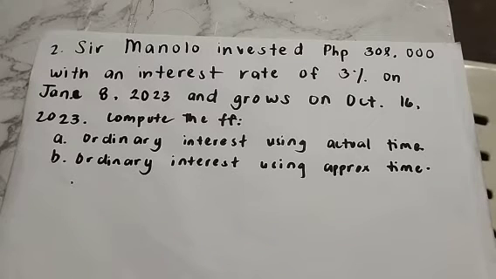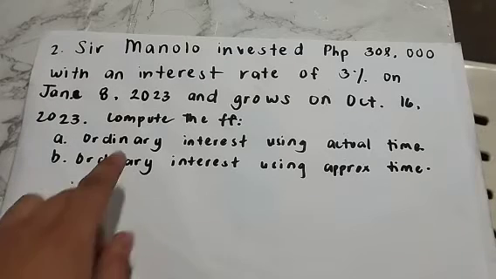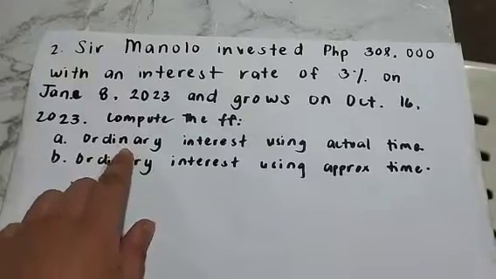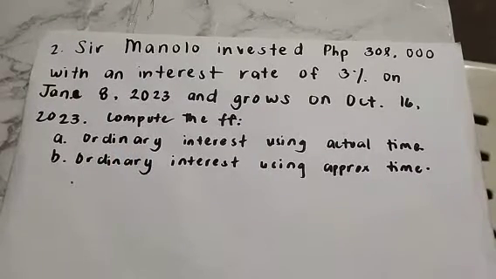On January 8, 2023 and rose on October 16, 2023. Compute the following. So, kanina, exact interest yung kinuha natin. But this time, ordinary interest naman. So, base sa definition natin kanina sa ordinary interest, meron itong fixed number of days.